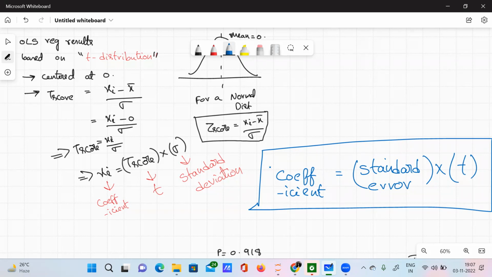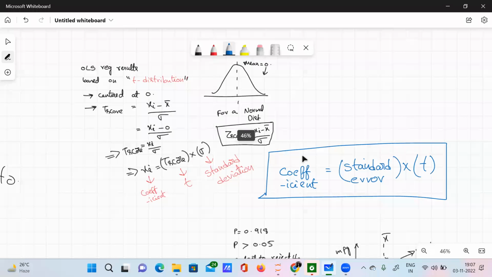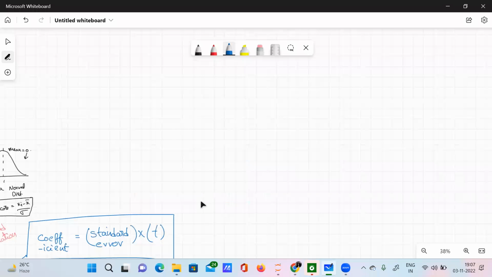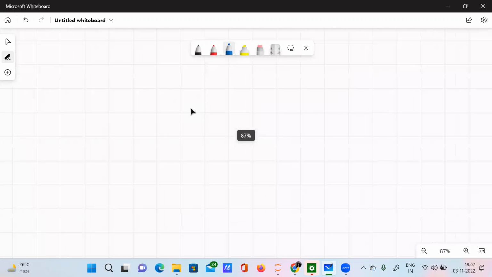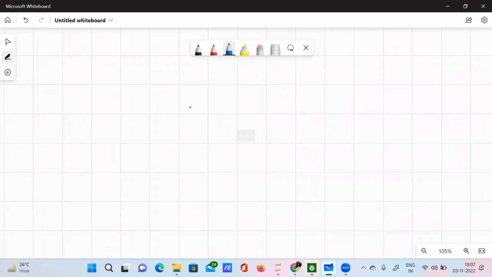I'll give you an example. I'm having a straight line here, the x-axis, and let's imagine that this is the 0.